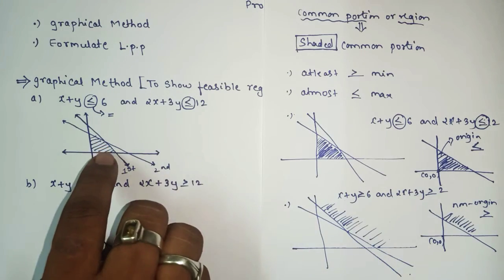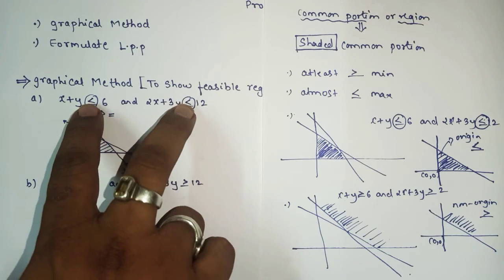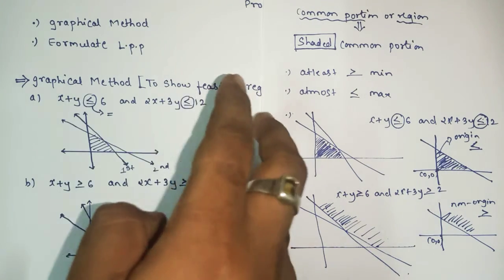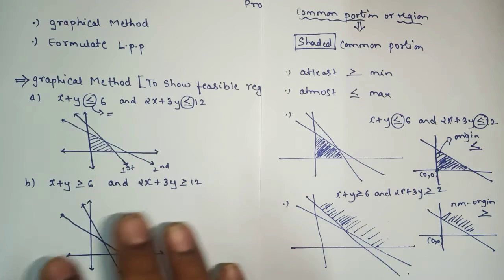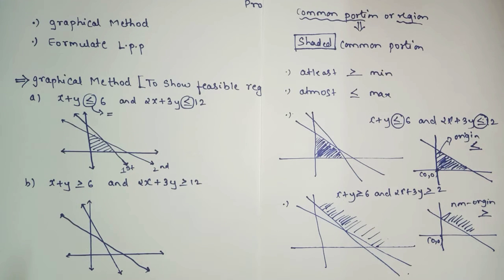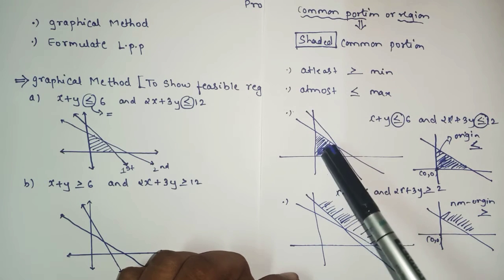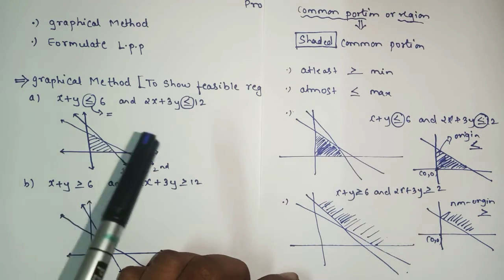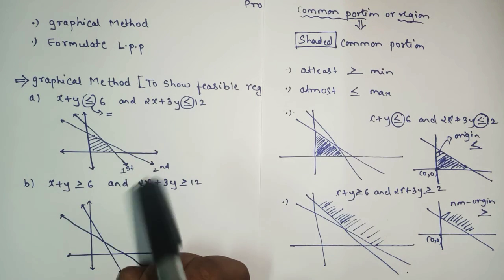So that's why I told you to remember this trick: whenever a problem contains two or more than two equations, and the symbol is less than or equal to, for those types of sums always and always the feasible region will be inside only. So this was the trick, and this was the proper concept.